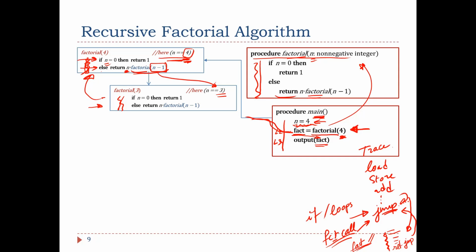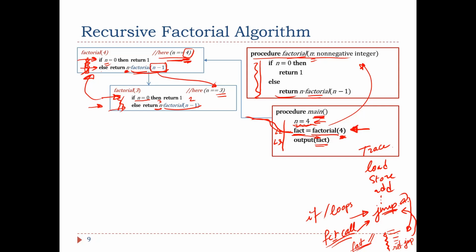The first line of code detects that n is not equal to 0 because it's equal to 3, so it jumps to the next instruction that would multiply n, which here is equal to 3, by the factorial of n minus 1, which is the factorial of 2, but this cannot be directly evaluated by the CPU.